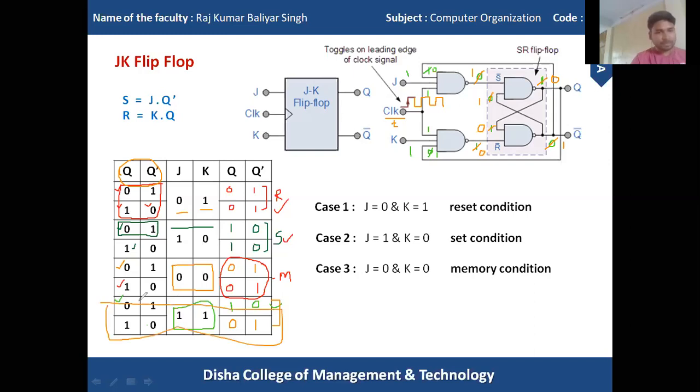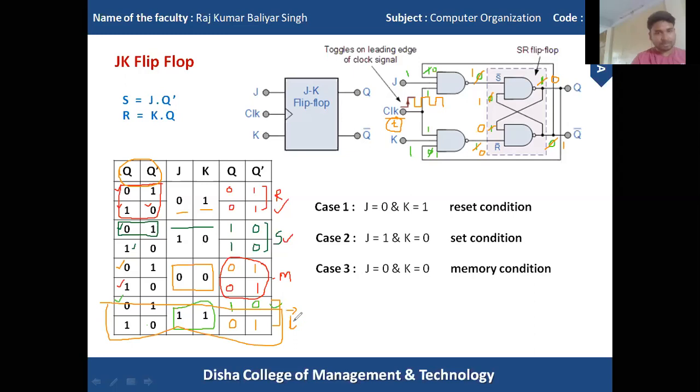Okay, still the clock is T, with the same clock cycle and the same J and K value, but with different Q and Q naught value, we are getting different values of Q and Q naught. So such kind of thing is called toggle condition.